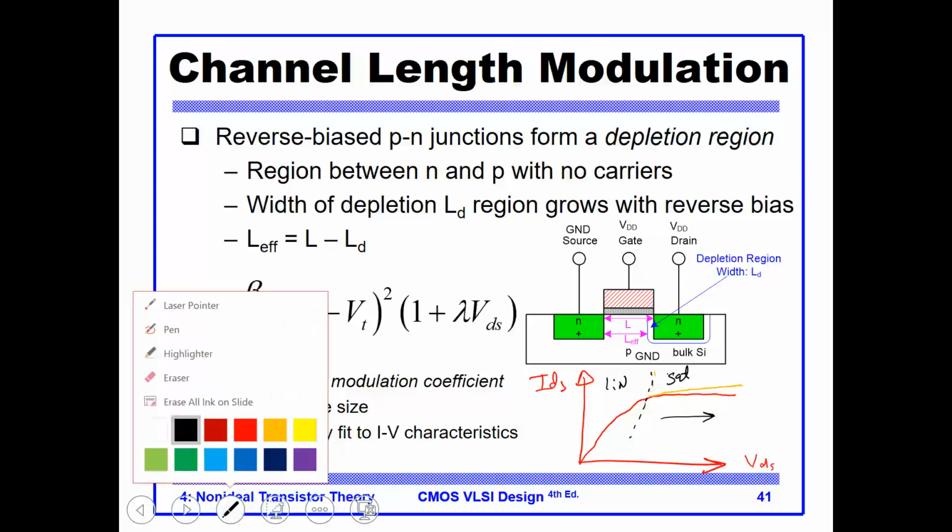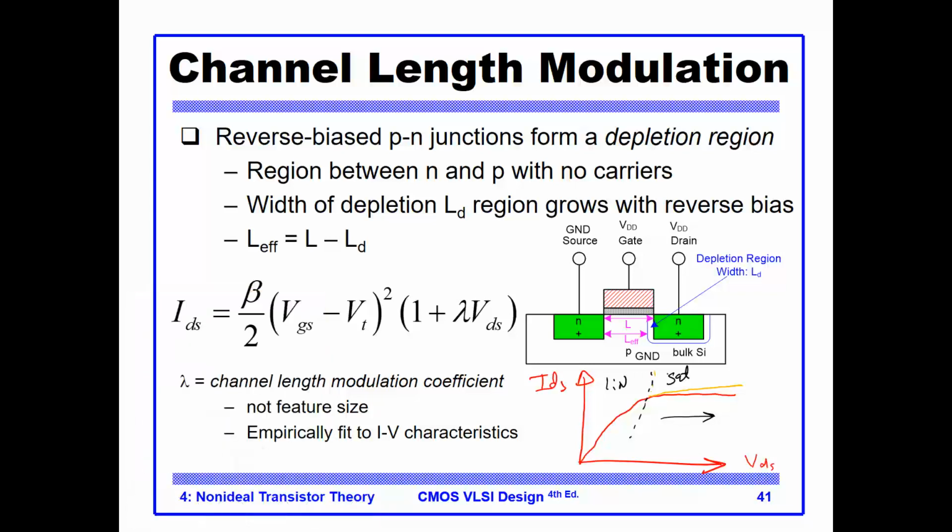To emulate this behavior, we go back and modify the function that we know for saturation. We need to add a factor here. We need to multiply this equation by 1 plus lambda VDS. Now, this lambda is not the same lambda we used for feature size.